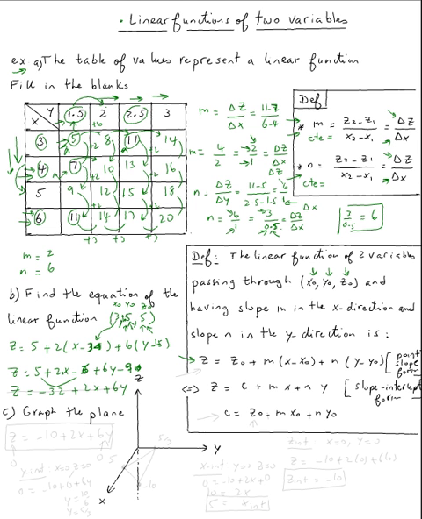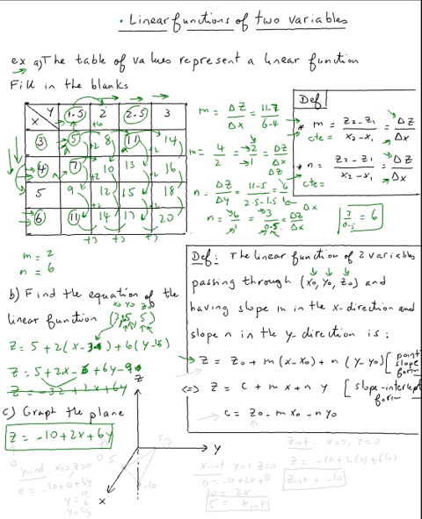Now to rewrite it, I'm going to rewrite it here. Z will be equal 5 minus 6 will be negative 1 minus 9 negative 10 plus 2x plus 6y. So that would be the equation.